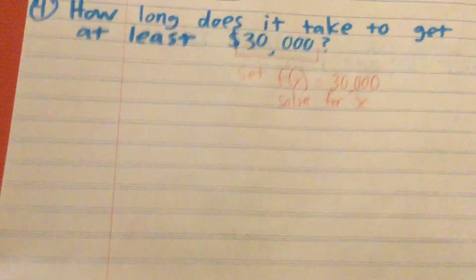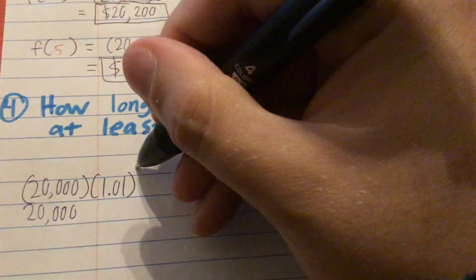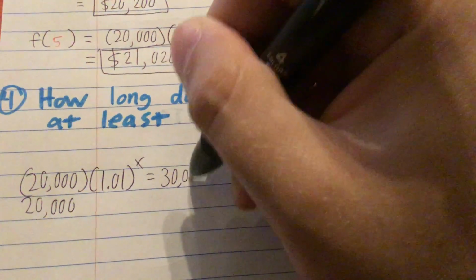So just to show you, let's say we do 20,000 times 1.01 to the x power is equal to 30,000.